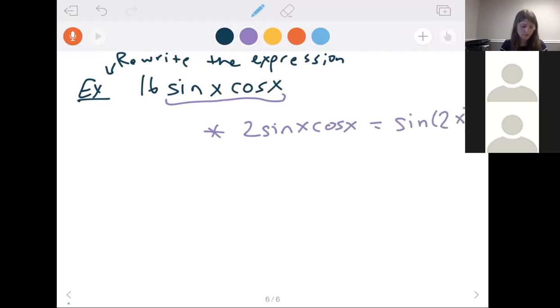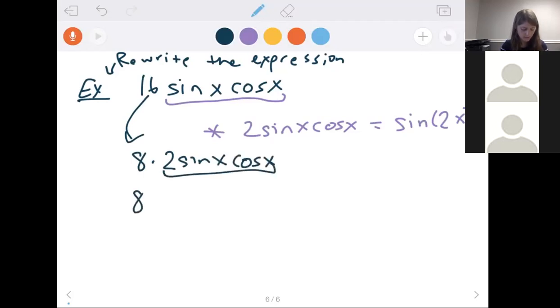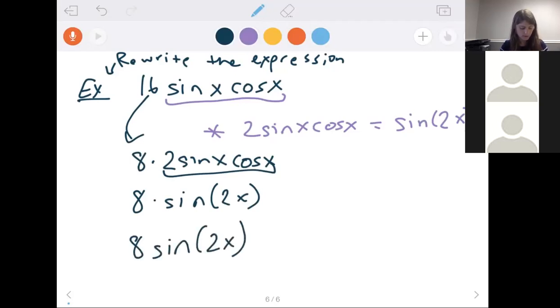And so what happens is our expression is really 8 times 2 to give me 16, 8 times 2 sine x cosine x. And so this guy gets replaced with sine of 2x. So our total expression is 8 sine of 2x. Notice that coefficient just gets cut in half, and then we introduced our double angle.